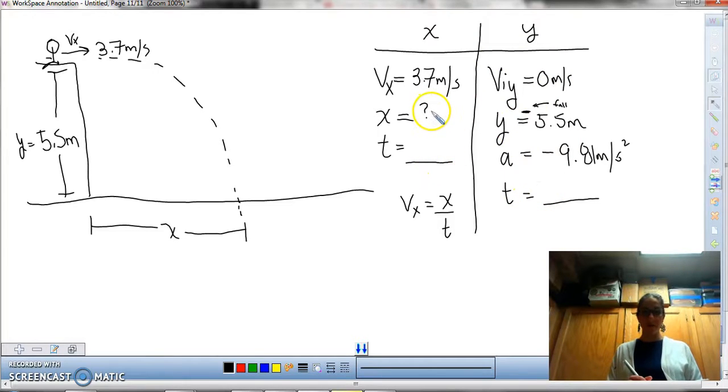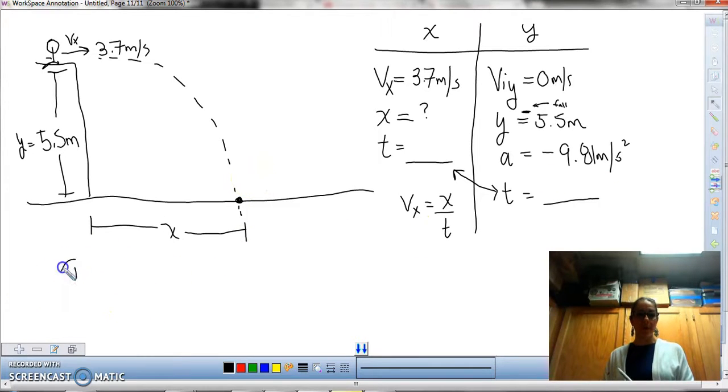There are 2 steps to these problems, and the key usually is time. If I can find time in one, I have it for the other. As a check, it takes the same amount of time to fall 5.5 as it does to go across. So if I find the time in the y, I have found the time in the x, so this is okay.